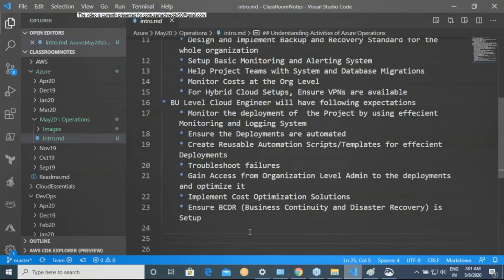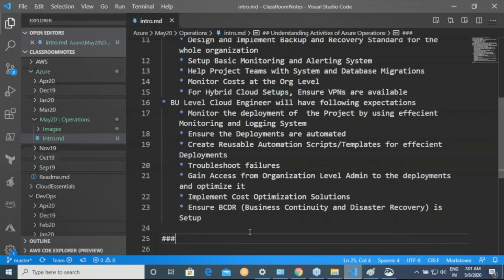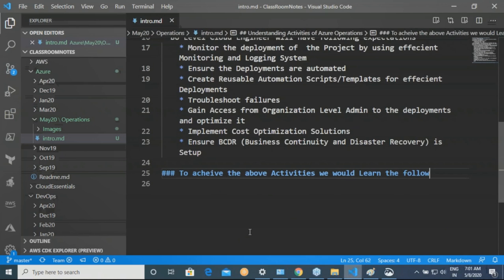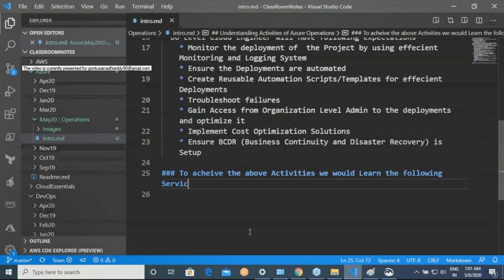So for that, to achieve the above activities, we will not be able to achieve everything, but there are some activities which we deal only over here. Above the activities, we would learn the following services offered by Azure.